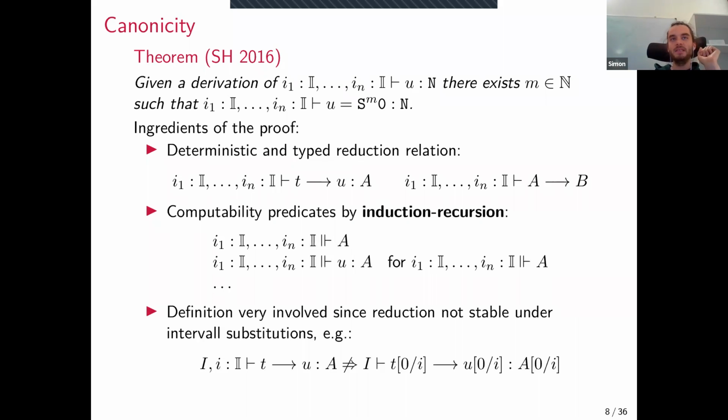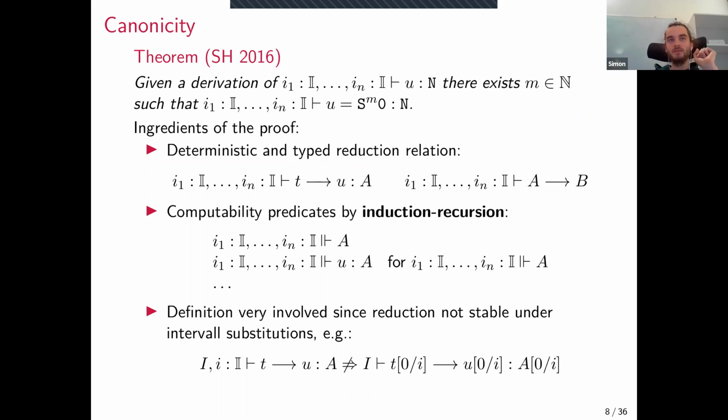And then on top of this, there's some kind of computability argument done, which is a standard technique for Martin-Löf type theory. And what I did is adapt this to this setting.